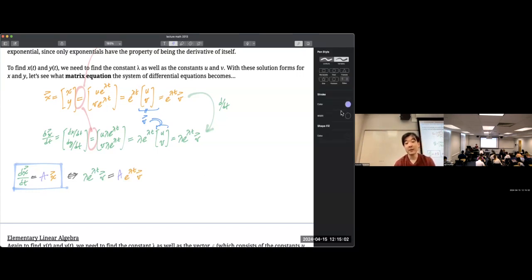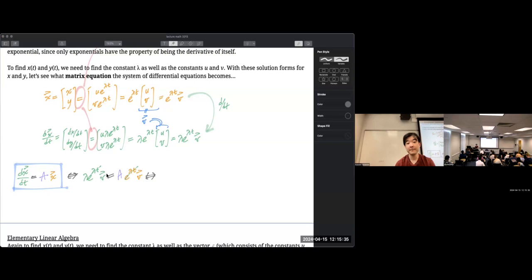Okay, immediately you can see that there is an e to lambda t vector v on both sides that are the same, so those cancel. Or actually, let's just say the e to lambda t's cancel, because you can't really divide by a vector, but you could divide by e to lambda t. These are vectors, vector v, and so it's not as simple as just dividing those two out.